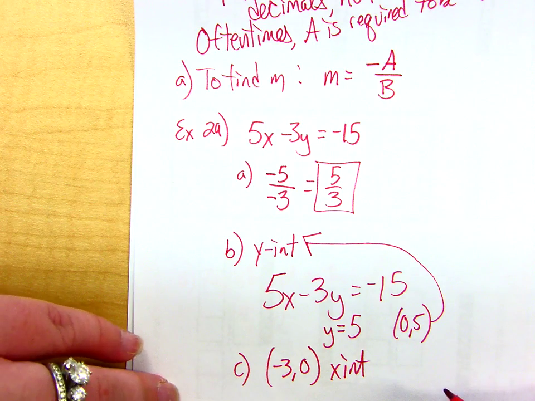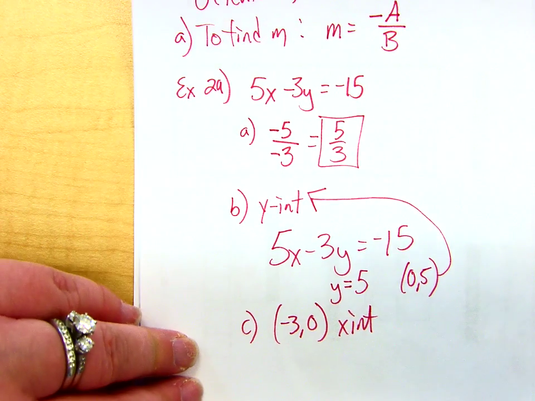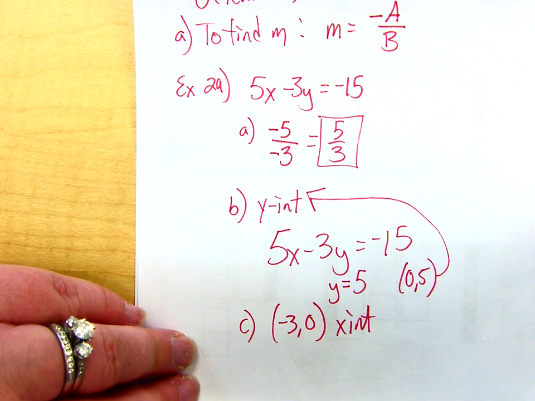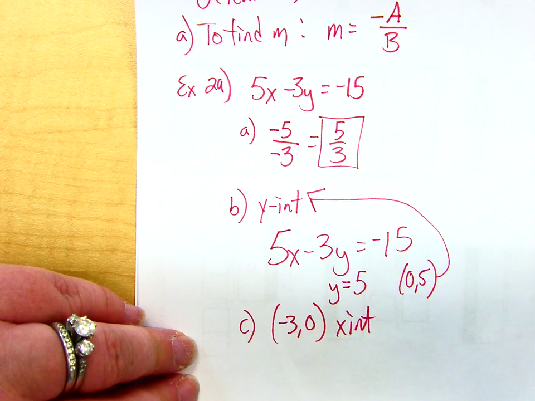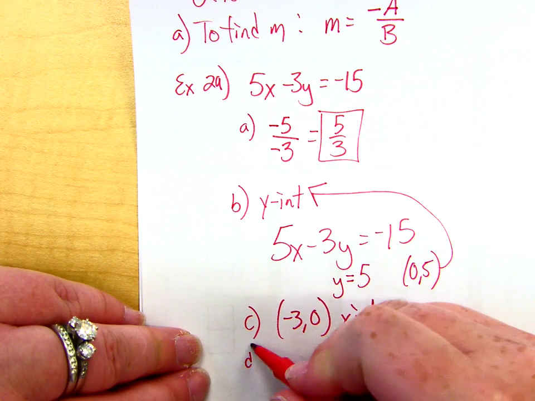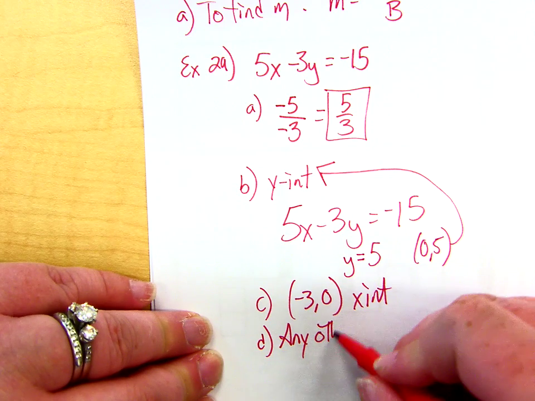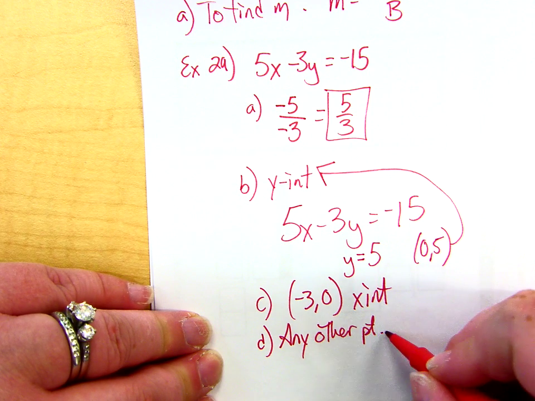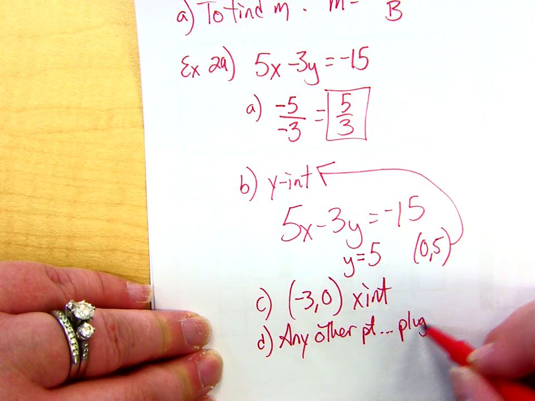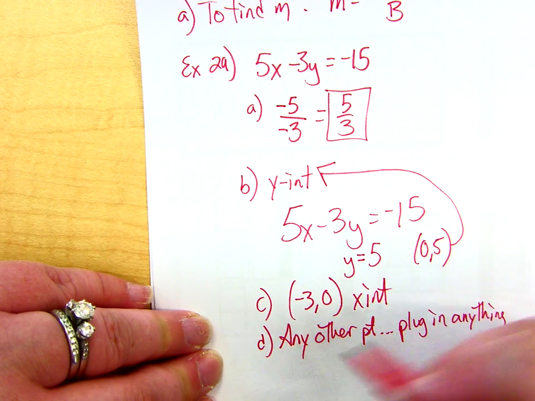Oh, yes. So to find another point on this line, you already know how, just like you did with slope-intercept. You just pick any point you want, plug it in for x, and see what y is. So any other point. Plug in anything for x.